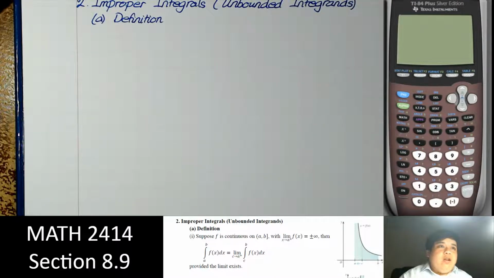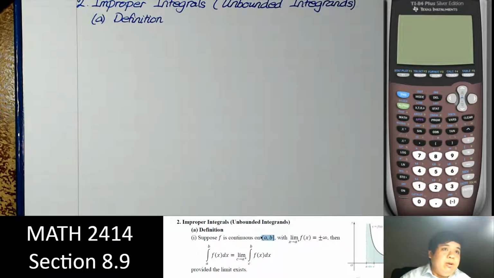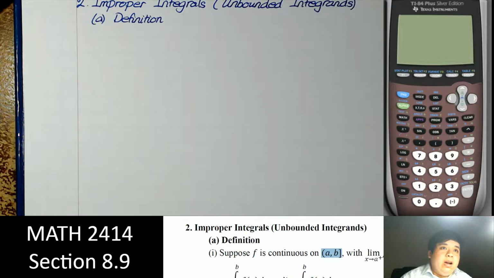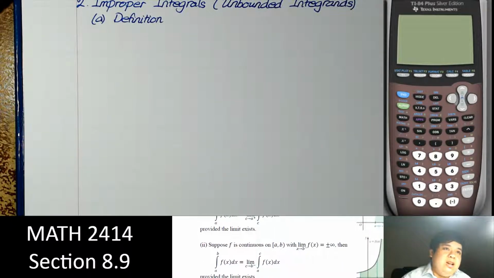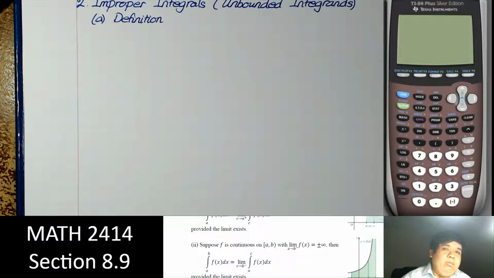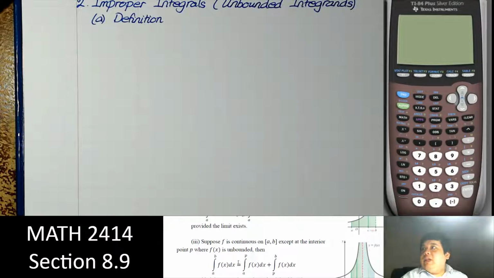So now we just focus on the definition we have here. I'm trying to highlight. We have the case where it is continuous on the B side, but not continuous on the A side, or the other way around, continuous on A, but not on B. And in the next one, it is continuous on A and B, but there's some point in the middle that is not continuous.